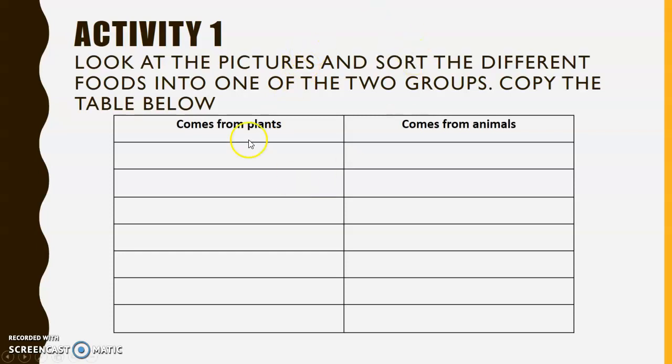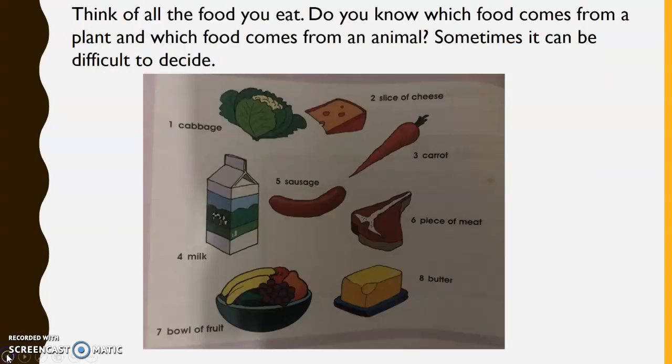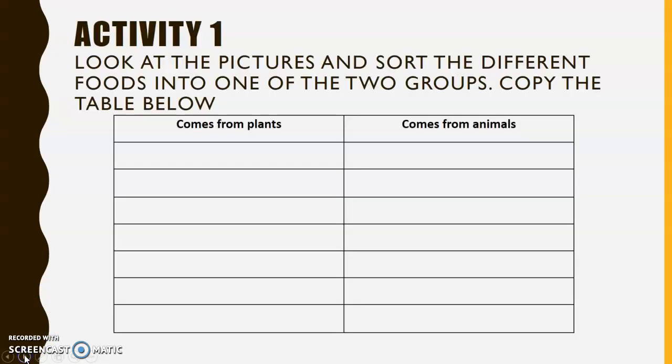So you're going to copy this table into your SS geography books, and write activity 1. The picture will be projected on the board, and you can sort the foods into their correct group.